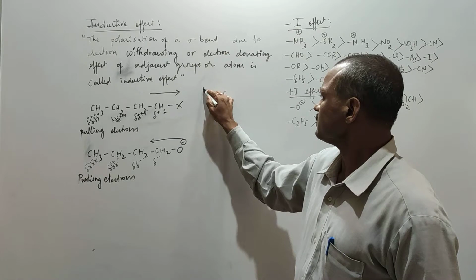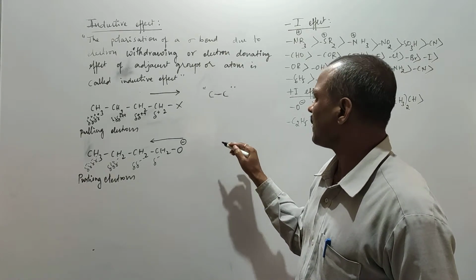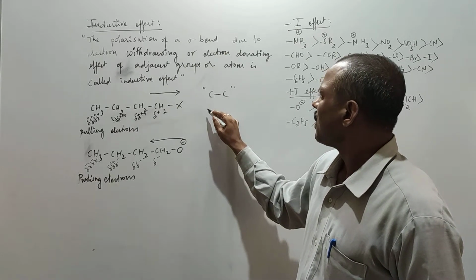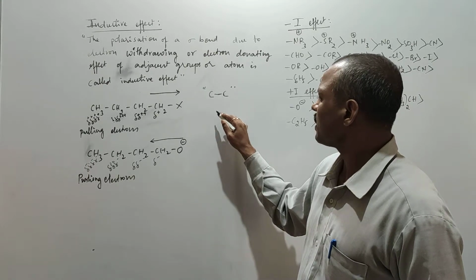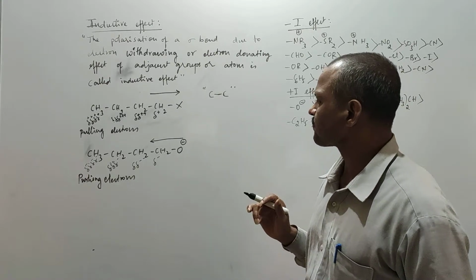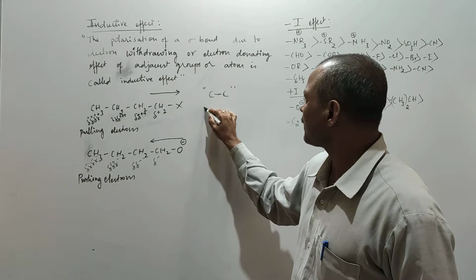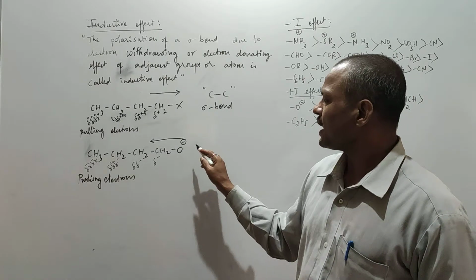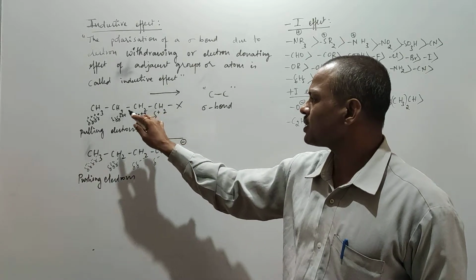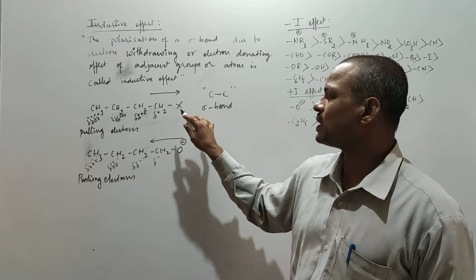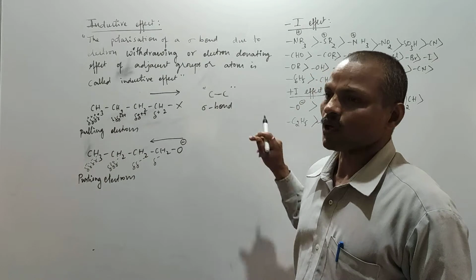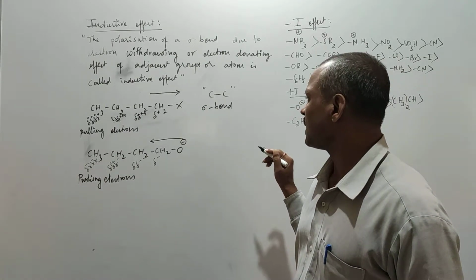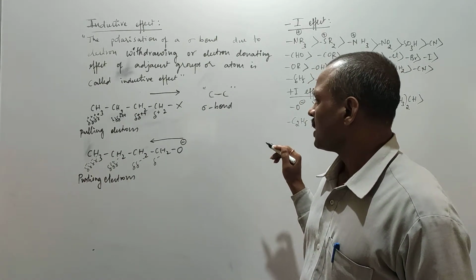Next, the effect is observed in the sigma bond, because the electron migration, the partial polarization, happens only through the sigma bonds, or in single-bonded compounds.